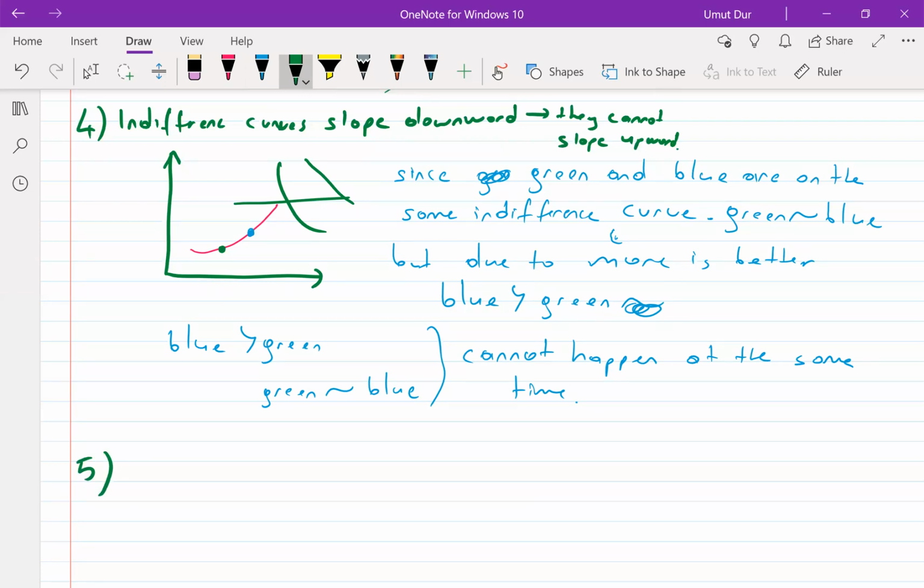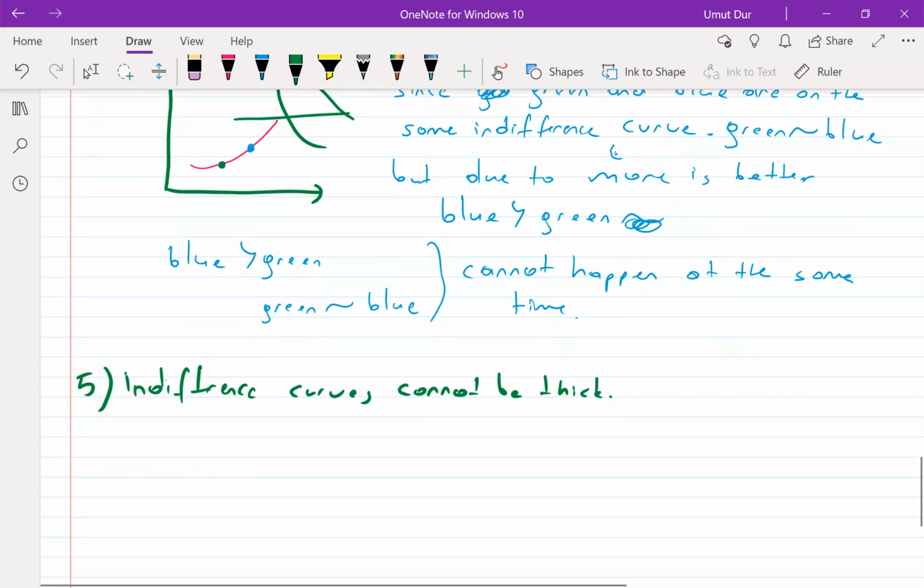The fifth and the last one is that indifference curves cannot be thick. What do we mean by being thick? Let's say we are working on the graph again.